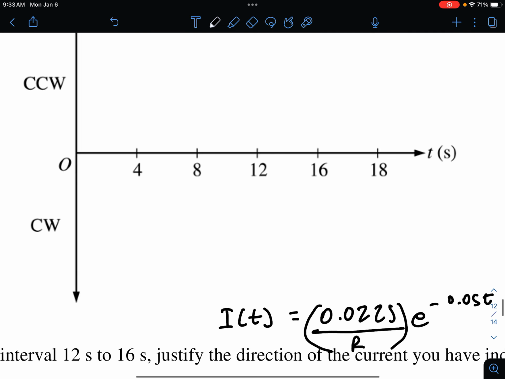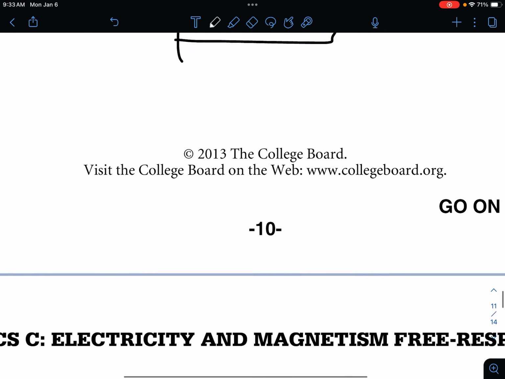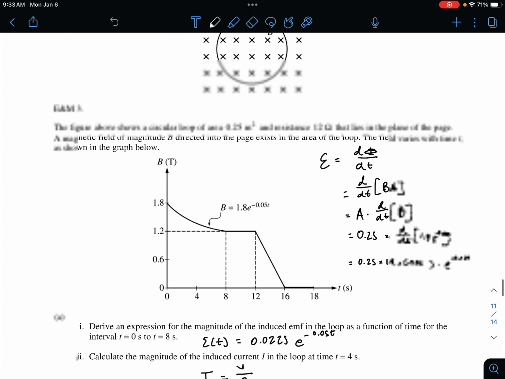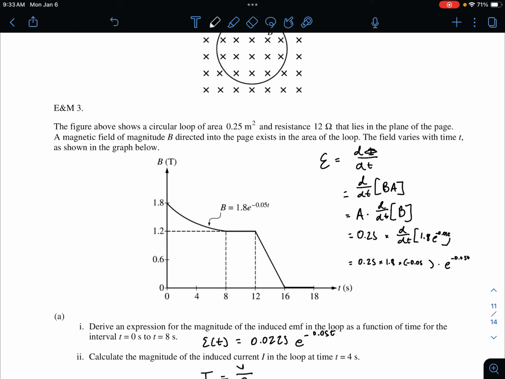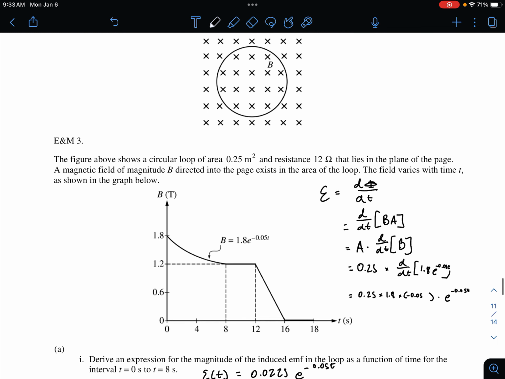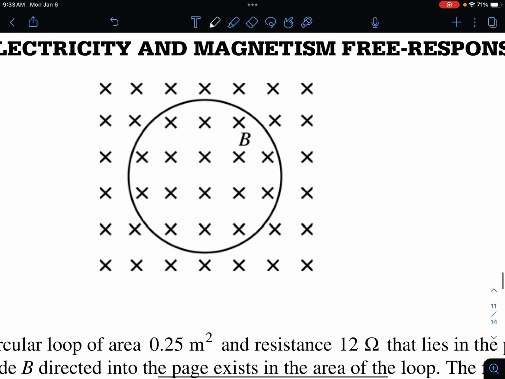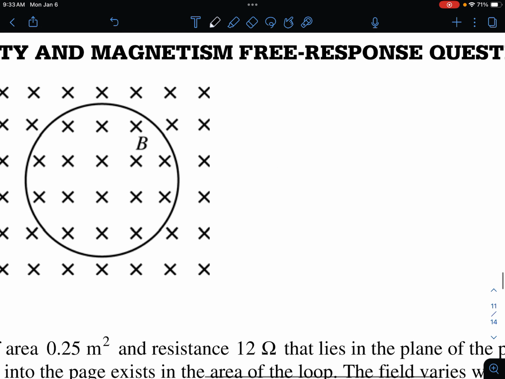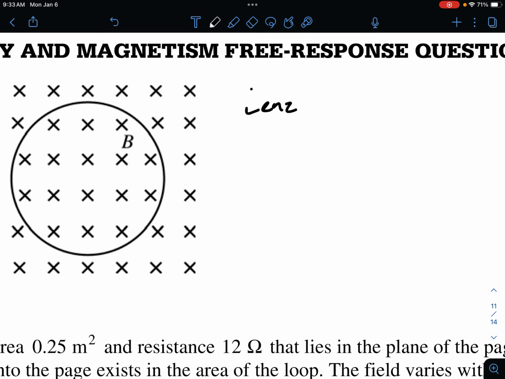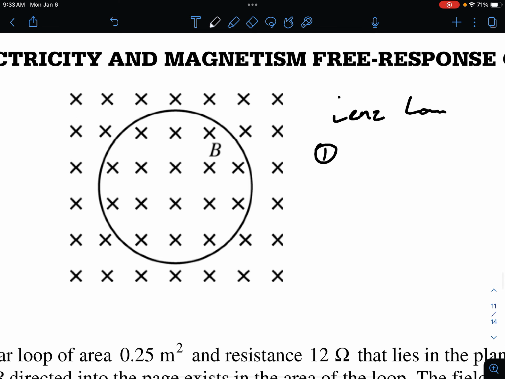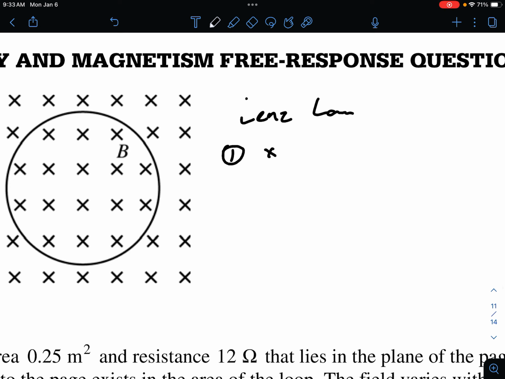But now the main thing: is it clockwise or counterclockwise? During this entire time, the magnetic field is either decreasing or staying the same. This is Lenz's law, a three-step guide I got from Mr. Gustin. It's actually really good. First identify the change: the magnetic field is decreasing, with less coming into the page.